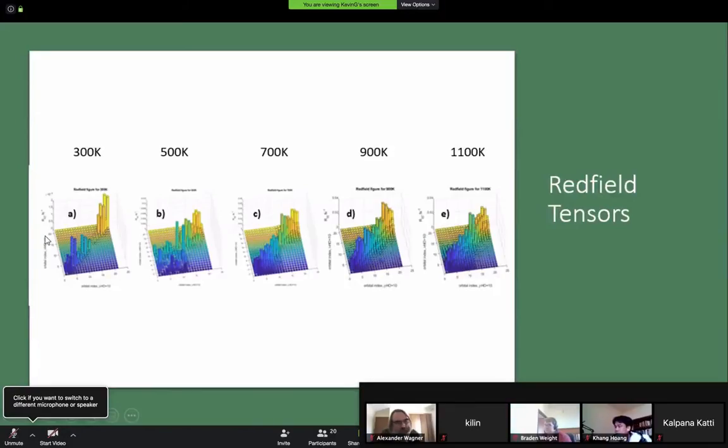However, we see that as the temperature increases, so 300, 500, 700, 900, 1100, this gap gradually closes until there's no band gap there whatsoever. So this agrees with what my previous graph shows.